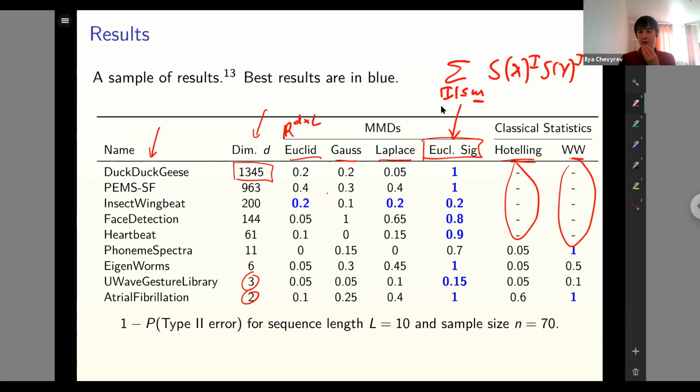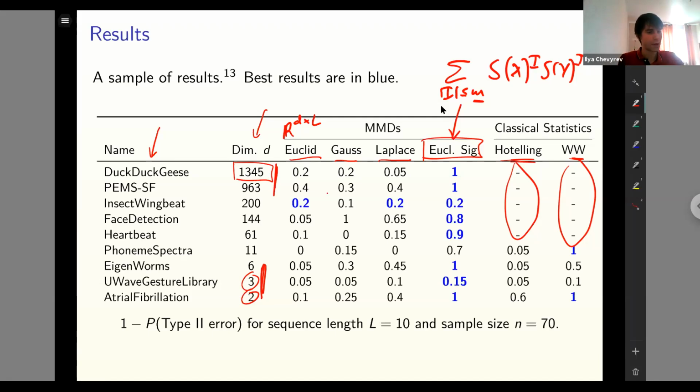These classical statistics scale very poorly with the dimension, whereas the Euclidean signature kernel's running time was the same for low dimensional time series as it was for high dimensional time series. I think these were quite interesting results. At least we were quite surprised by them.